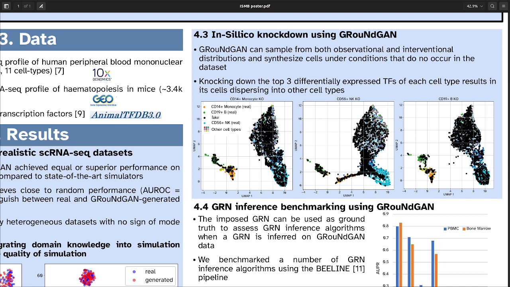So over here we have this study where we knock out the top 3 differentially expressed TFs of each cell type of the PBMC dataset. And what we see is that cells of the targeted cell type are now dispersed into their neighboring cell types while still being inside the distribution of the single cell dataset. So GroundGAN can be used to generate from interventional distributions.